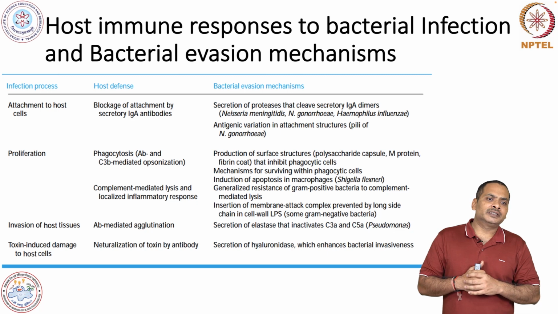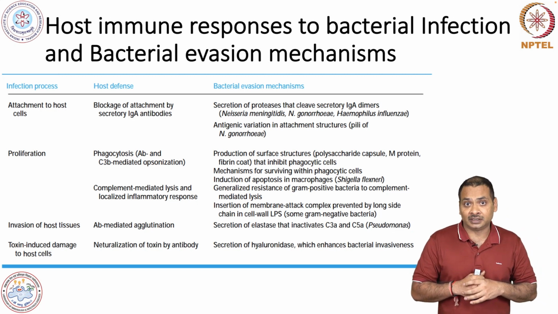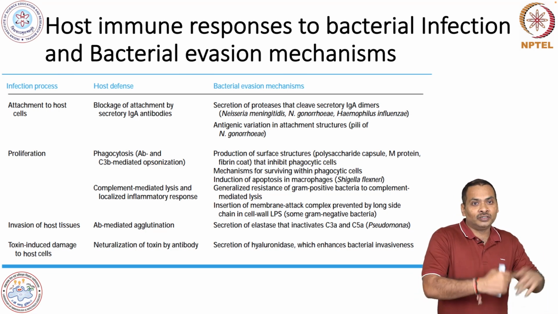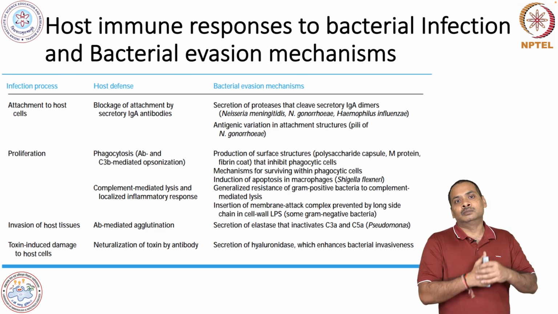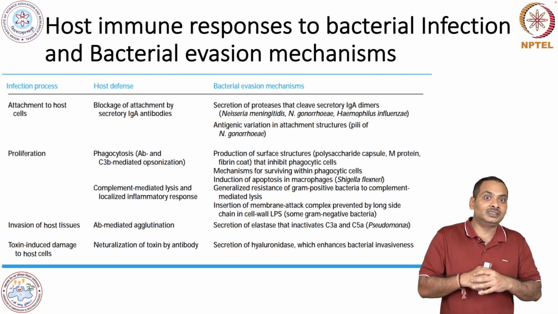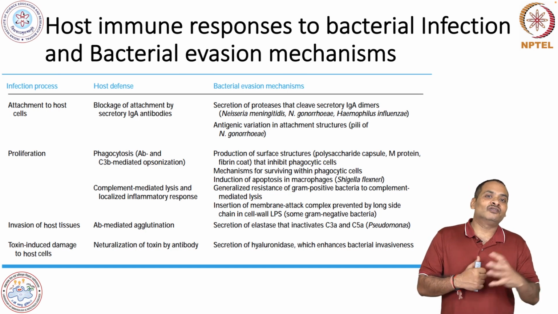Another way to establish the infection is proliferation, okay. Once they attach, they need to proliferate very quickly in bigger numbers. So, what is the host defense against this proliferation? The most important host defense is phagocytosis.